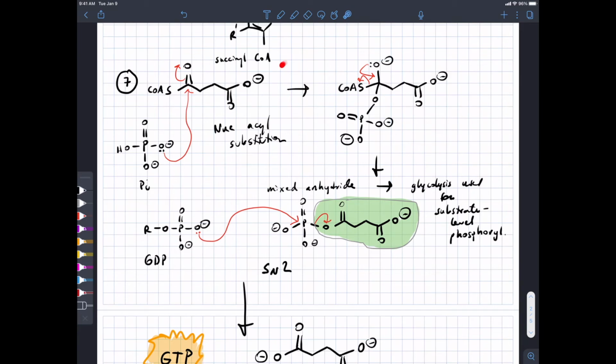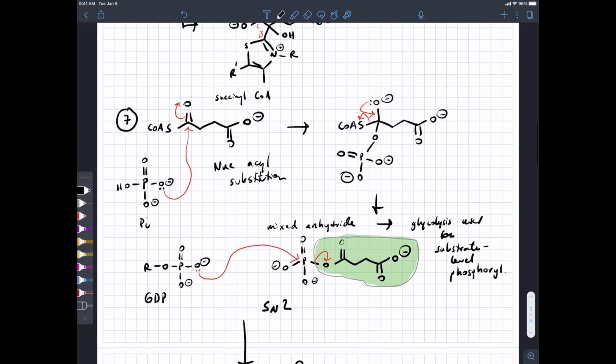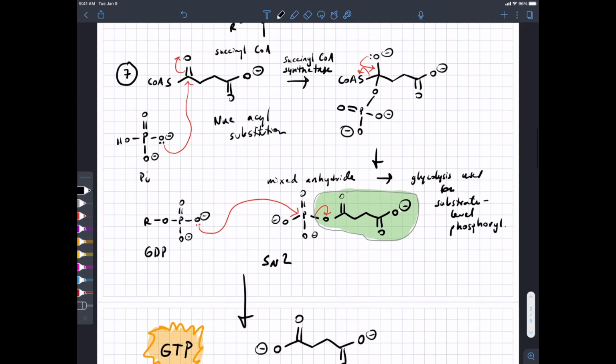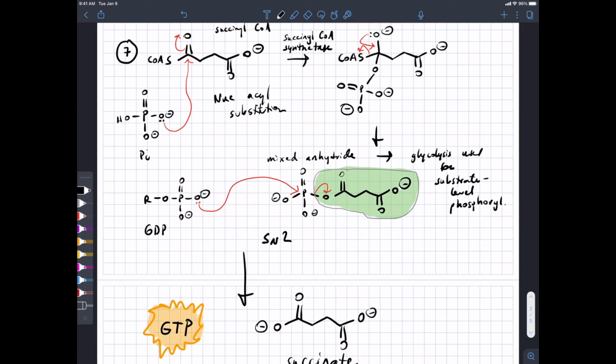This is called succinyl-CoA synthetase. And that's named for the backwards reaction.